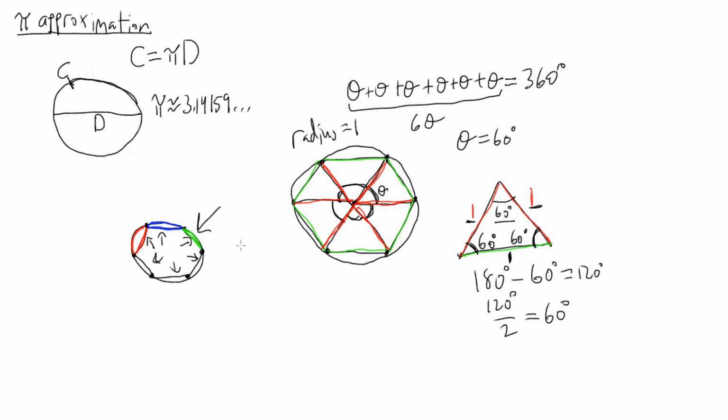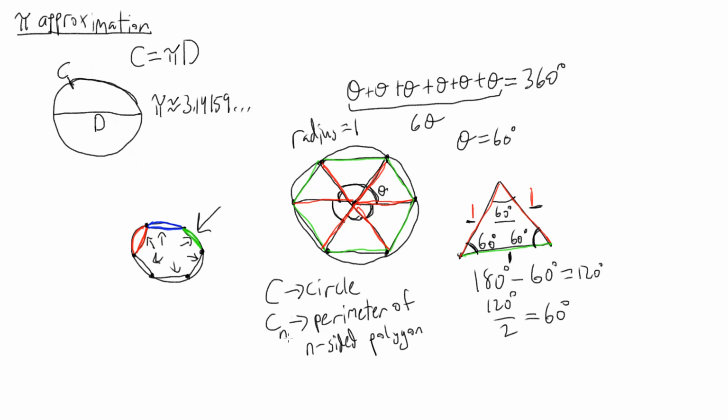So, that means that our circumference, which I'll call C, the circumference of a circle, and then I'll use C sub n to represent the perimeter, the sum of the outer edge lengths of the n-sided polygon.